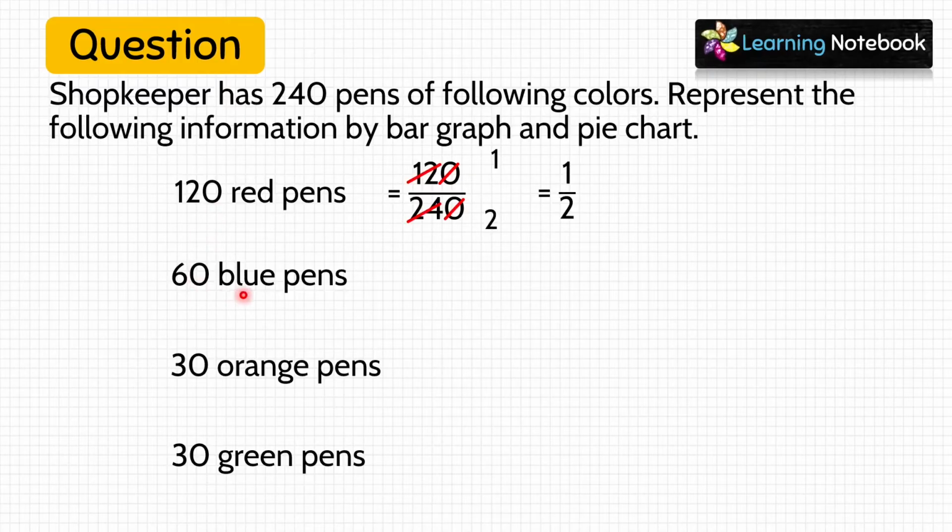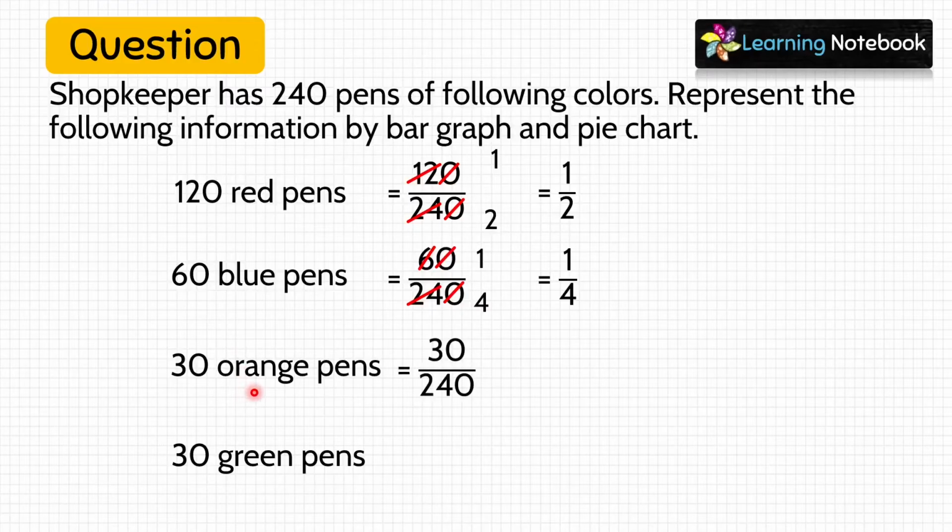Now, for blue pens, fraction would be 60 by 240. Simplify it and we get the fraction for blue pens as 1 by 4. In the same way, fraction for orange pens would be 30 by 240, which is equals to 1 by 8.